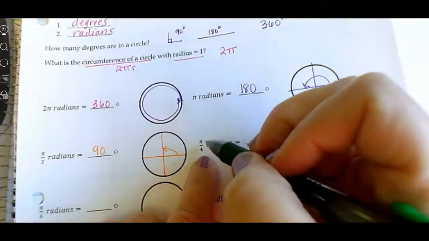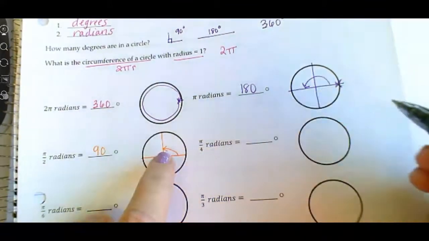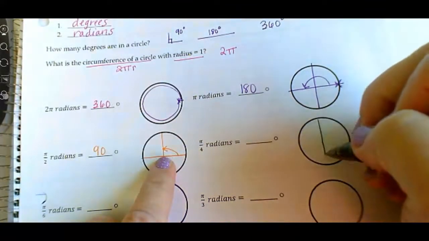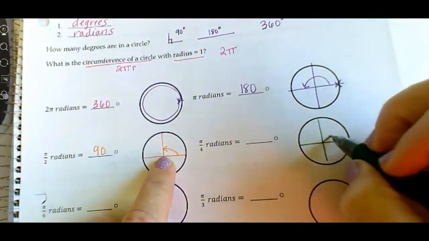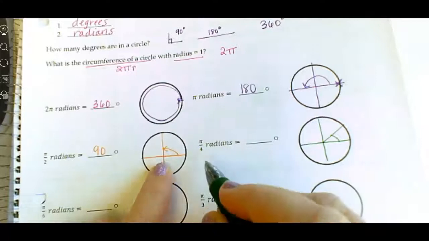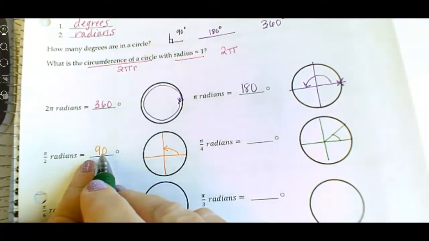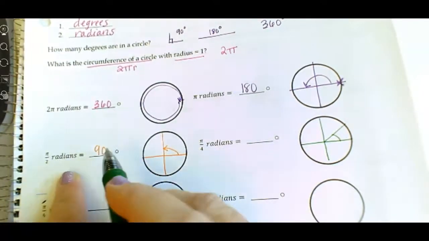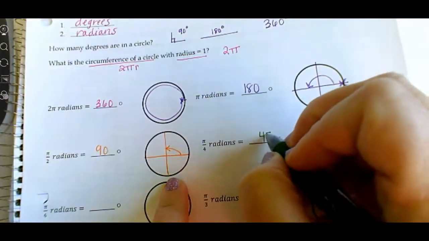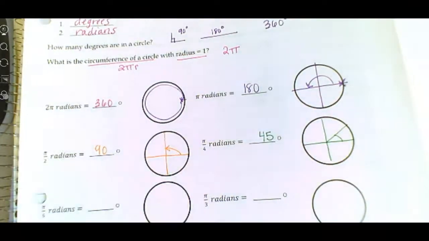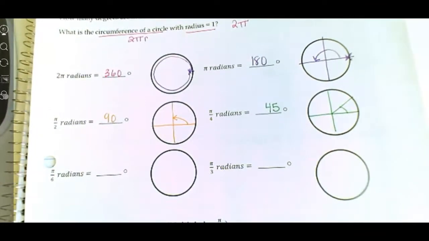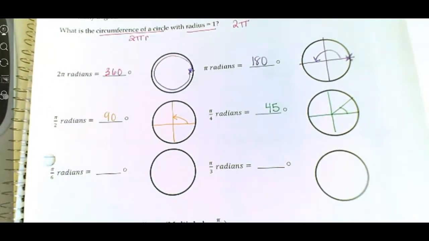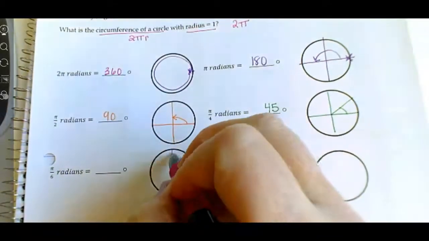Okay, pi over 4 is actually half of that. So if I draw it, it's going to start here and go just halfway to there. It's half of 90, or half of the pi over 2. So it's going to represent 45. Alright, pi over 6 and pi over 3, there's not a good way to draw them.